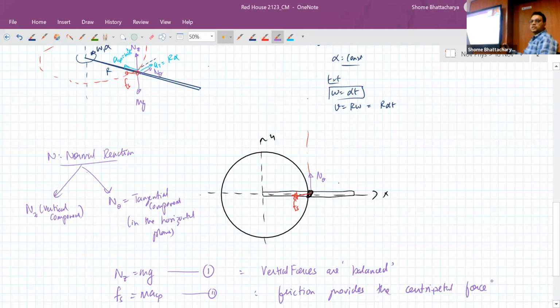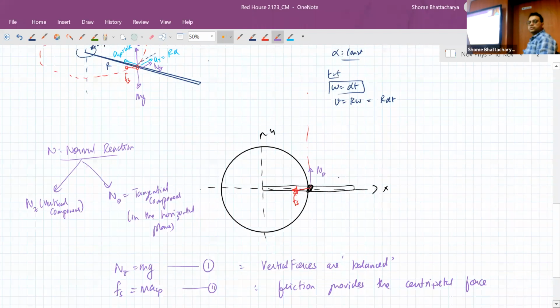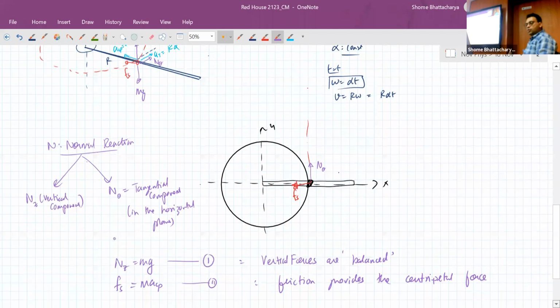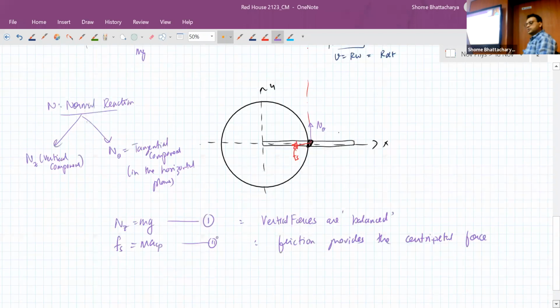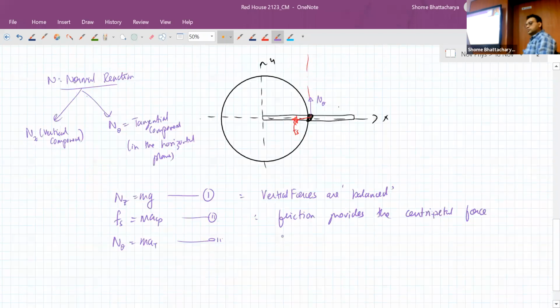It's not tied to a point or anything like that, so there is no tension here, okay? Whereas the normal reaction's tangential component provides the tangential acceleration. So the tangential component of the normal reaction provides the tangential acceleration.